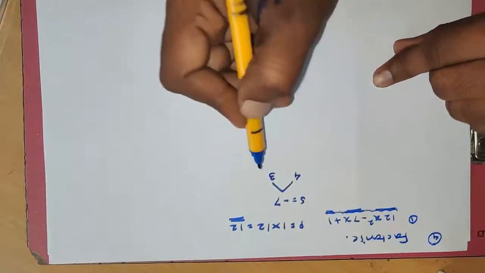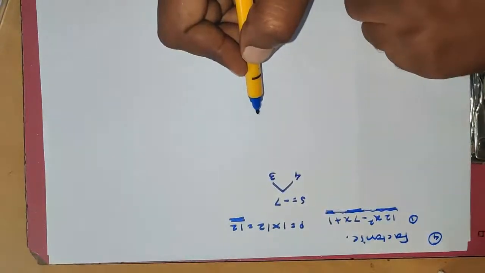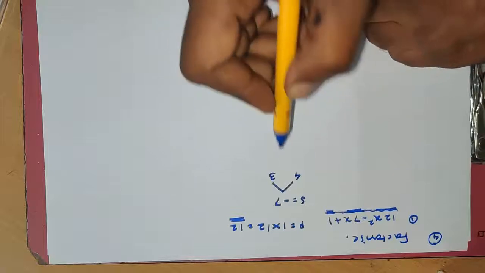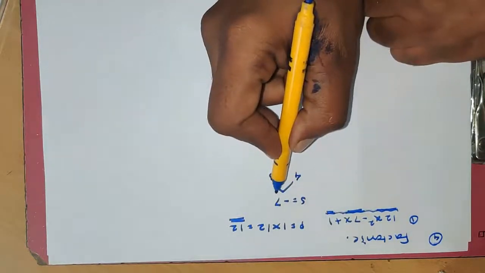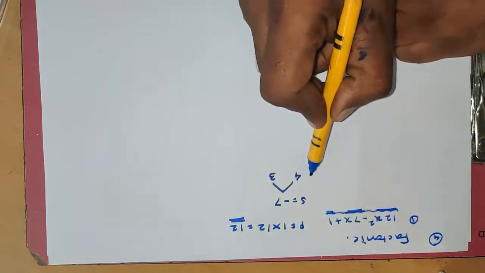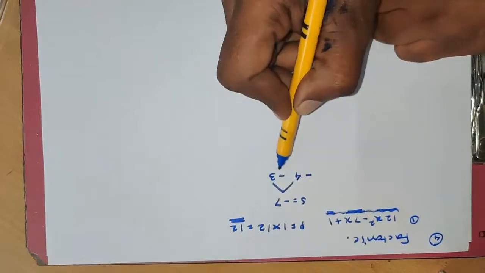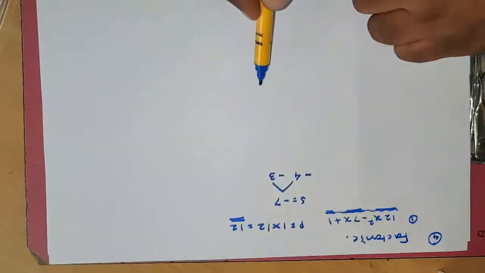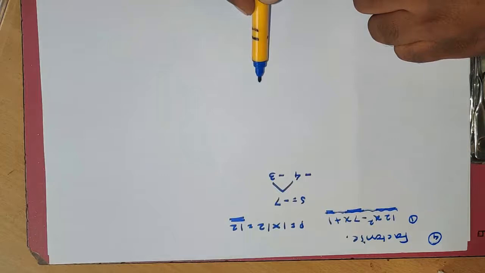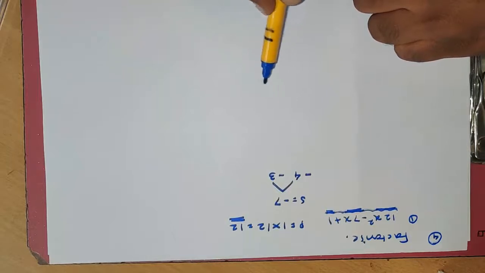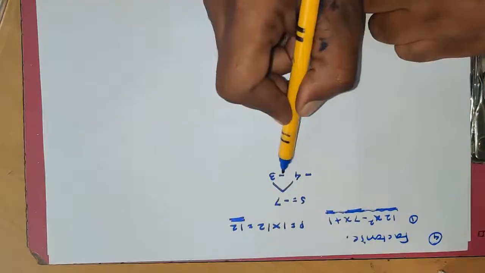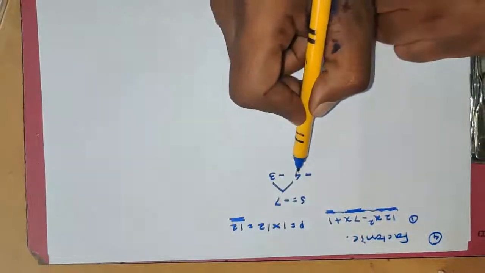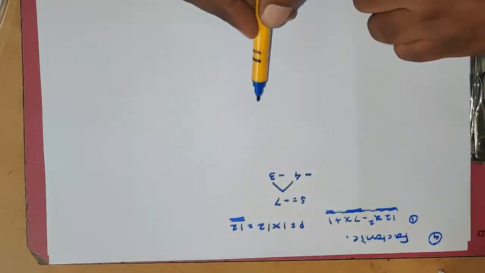So I can split this as 4 and 3. But here the sum is minus 7, so both must be minus, so that their addition is minus 7. Minus 4 minus 3 is minus 7 and their product, minus into minus is plus, 4 into 3 is 12.